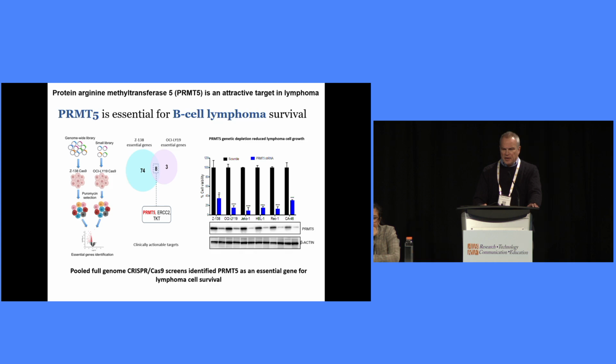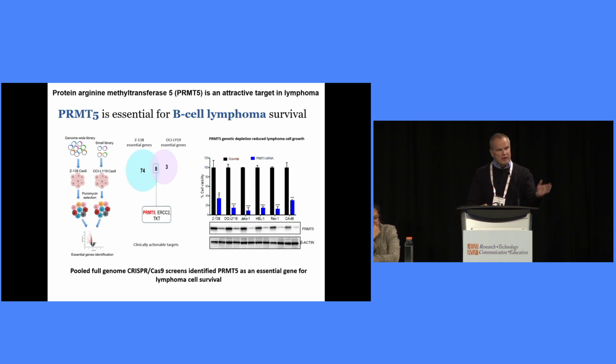And so a full CRISPR screen was done. You see that in the bottom left. In fact, it was done in 2 different cell types, in Z138 and in the OCH cells. And across those 2 cell lines, there was a very small number of hits, including PRMT5.